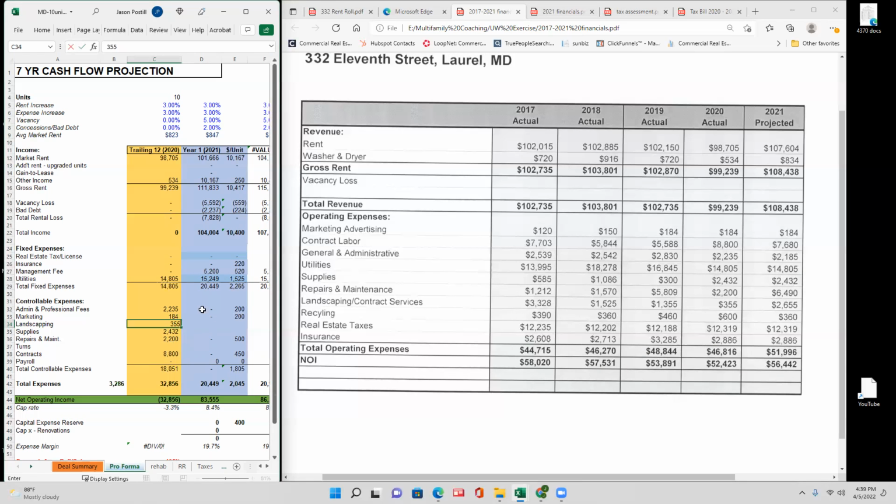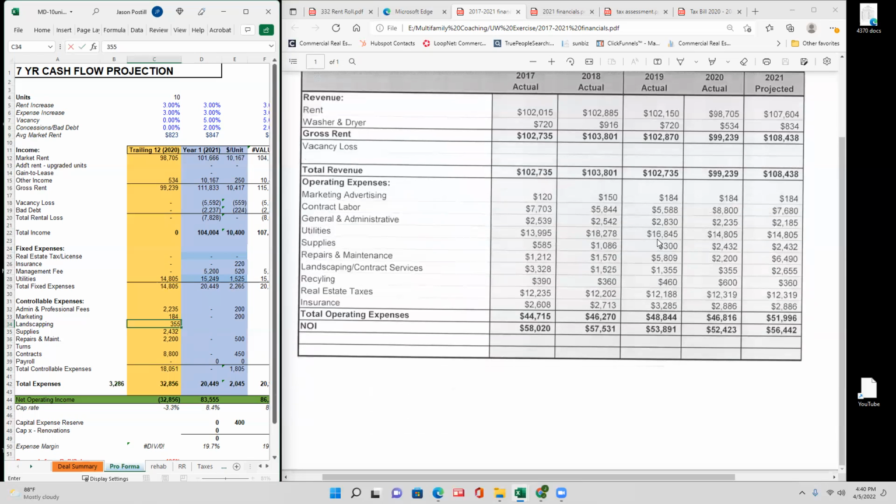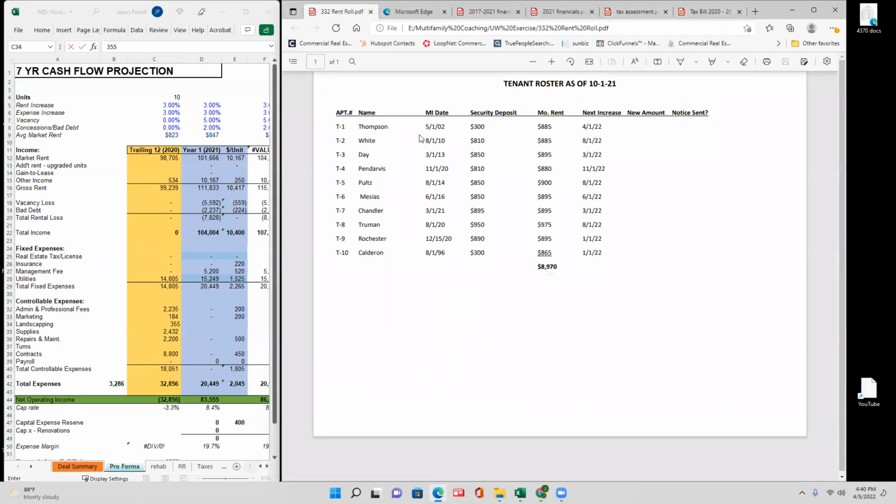Now, one second. This is 2020. So make sure you're looking out for if this was a snapshot of 10 months of expenses. Where did you see that? The rent roll. Do you see it says as of 10/1/21? No, but that was a good catch.